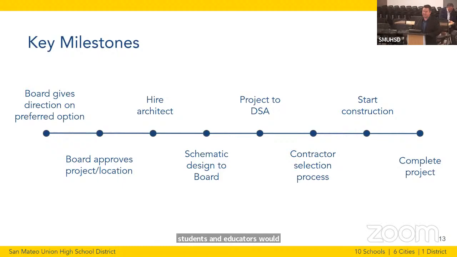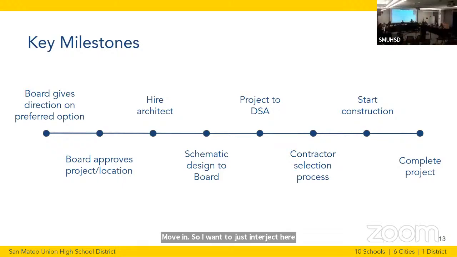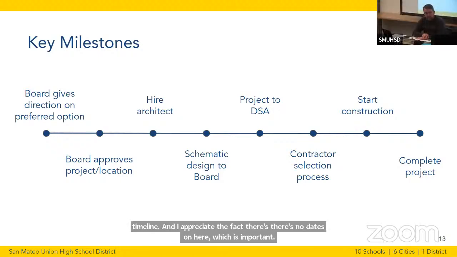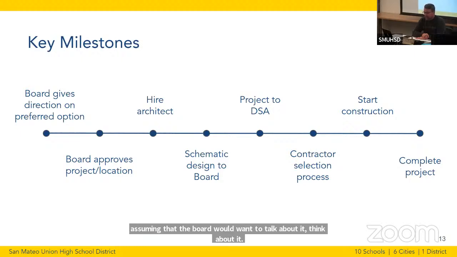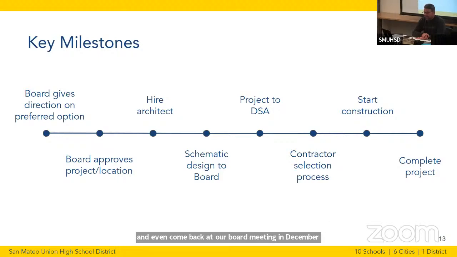I want to just interject here on the timeline, and I appreciate the fact there's no dates on here, which is important. Tonight is a preliminary presentation, to give you as a board, and the community, a sense of what we've looked at and what we're recommending. I'm assuming the board would want to talk about it, think about it, and even come back at our board meeting in December, when they would give us direction on the preferred option.